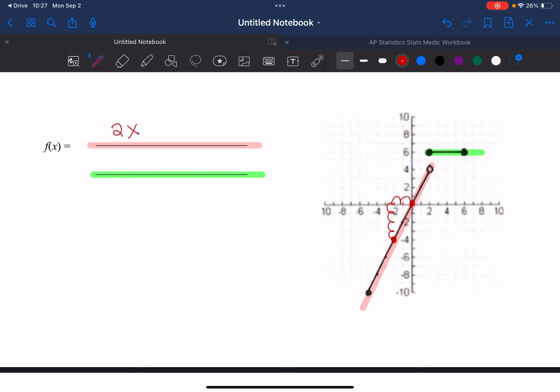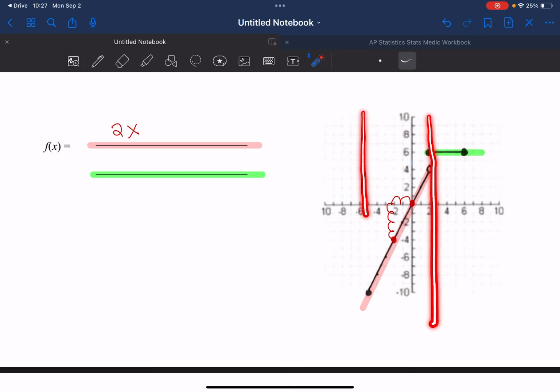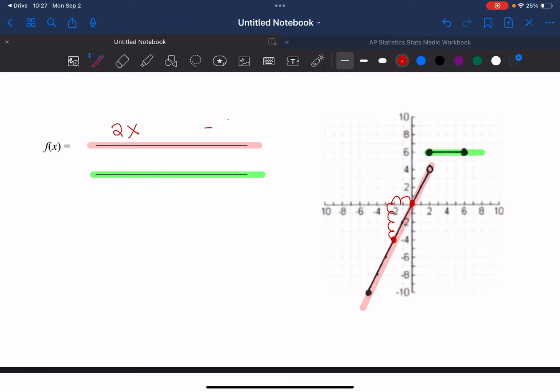So this is 2x. And notice that it crosses the y-axis at 0, so I don't need to write that plus 0. And then looking at the restriction, it goes from 2 to -5. So -5 has the closed circle, so less than or equal to x less than 2, because that has the open circle.